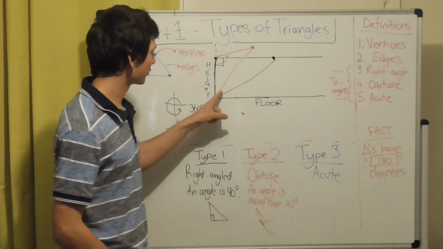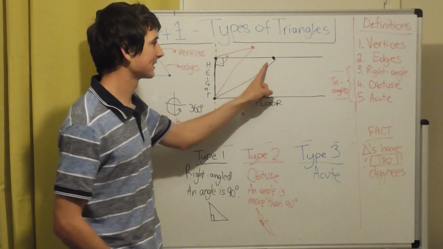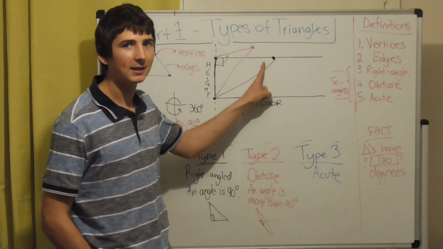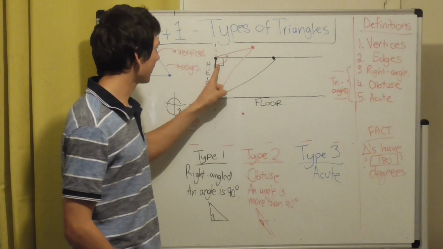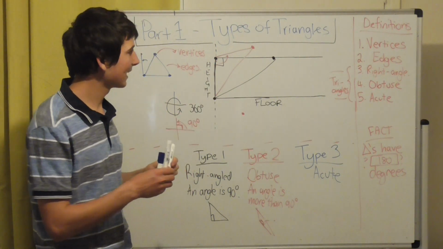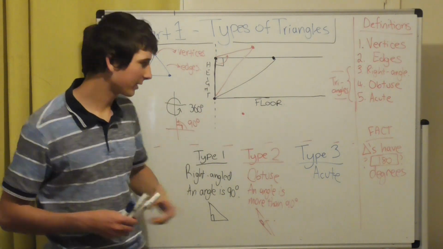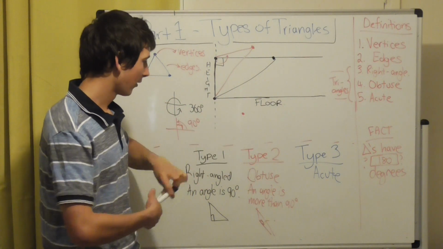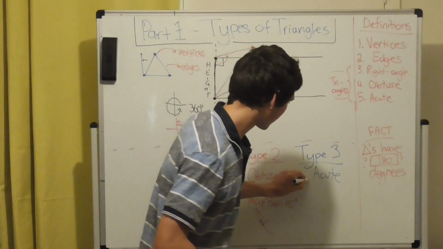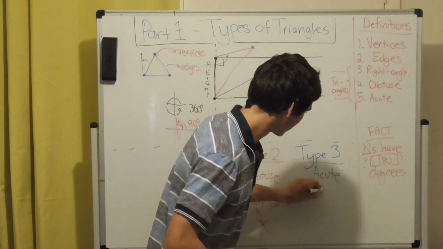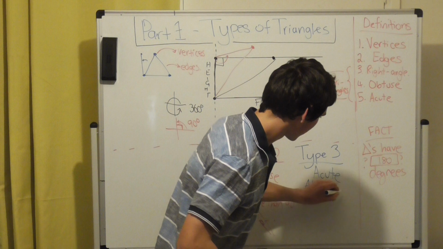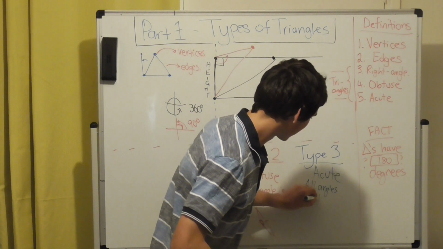If I look at my right angle triangle, these obviously have to be less than the remaining 90 degrees. But if the third angle was less than 90 degrees, I would get my third type, which is an acute triangle. All angles are less than 90 degrees.